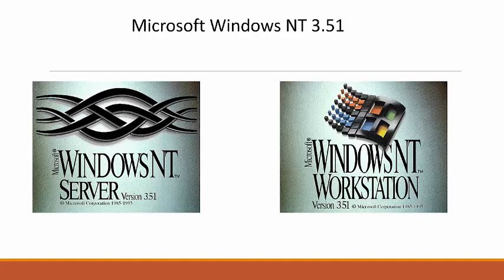It was called NT 3.51, and it looked a lot like Windows 3, just like Windows 3.1, except that it had the same shell, the same GUI, but it was a different kernel, a different operating system. Those memory limitations from DOS were gone, which meant that it was not compatible with the other versions of Windows.